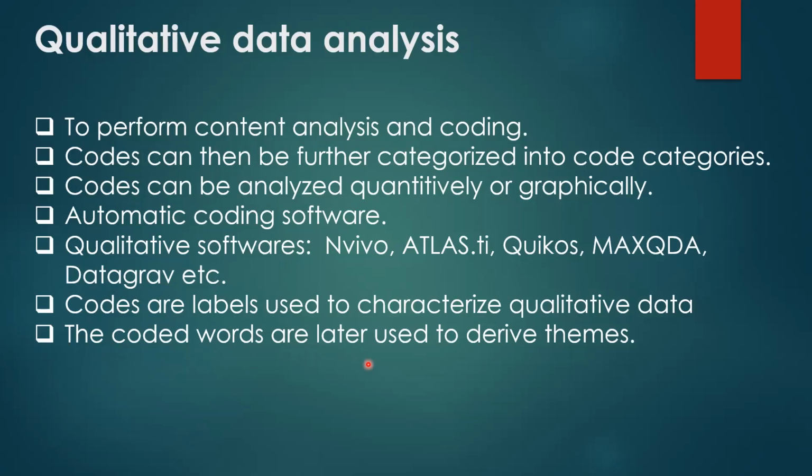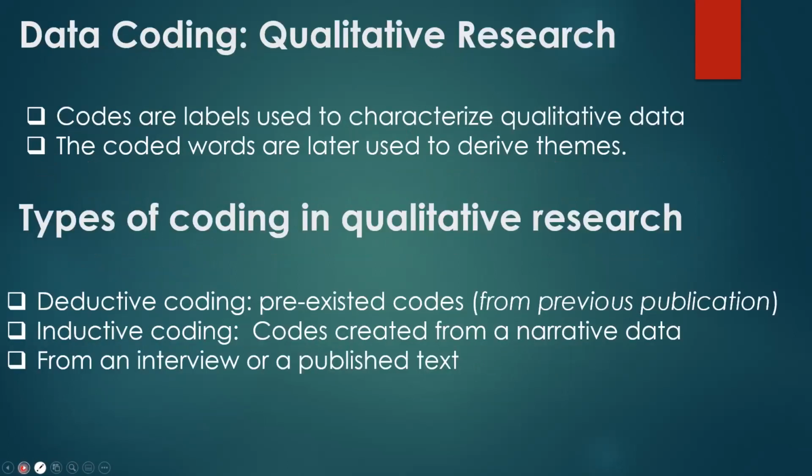The coded words are later used to derive things. It's still just grouping them. You can start from basic words, group them into common themes and so on, and analyze whichever way you want. So, data coding in qualitative research.